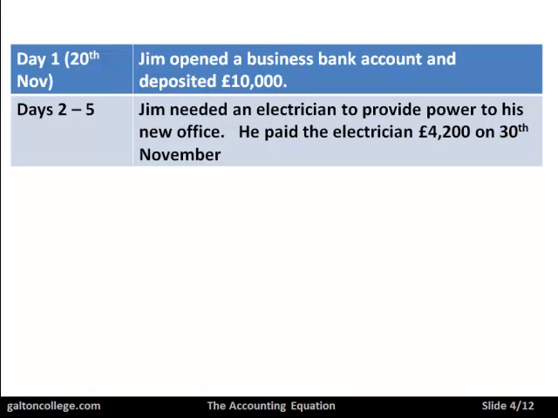On day two, he needed an electrician to provide power to his new office, and he had some electrical work to be done. So he paid the electrician £4,200 on the 30th of November. He had the work done on the 21st of November, and he paid the electrician later, a week or so later.